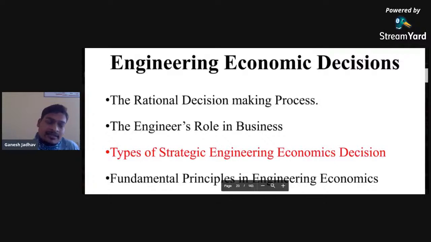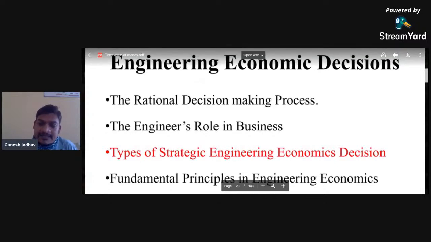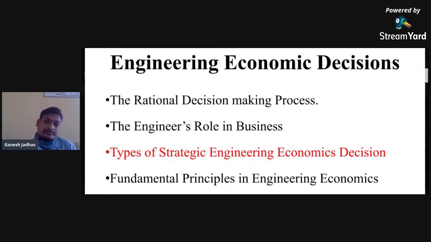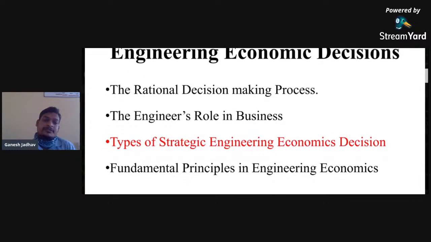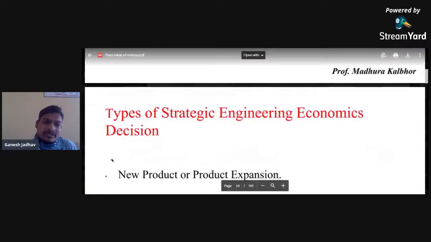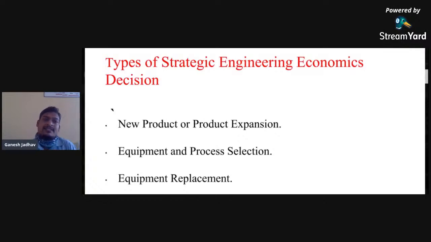Then the third one is the types of strategic engineering economical decision. Okay, so which strategy? Why is strategy required? Because of the client requirement.